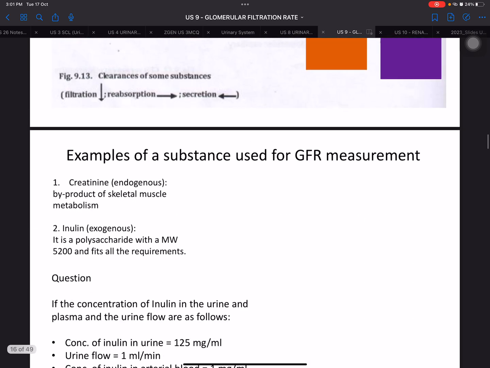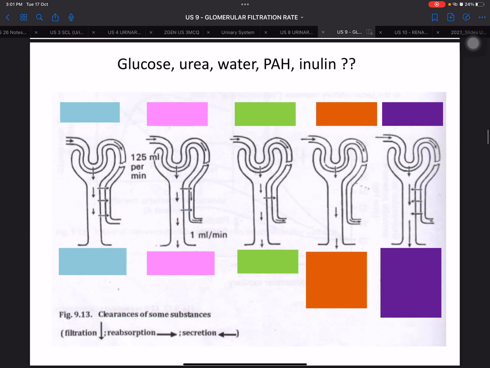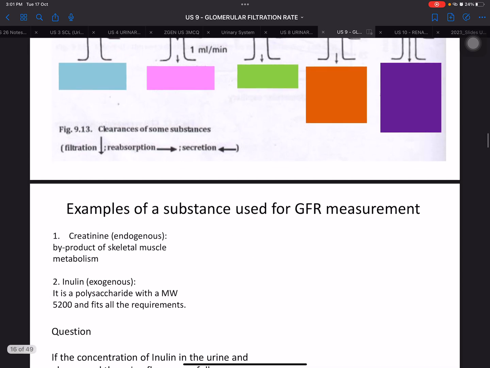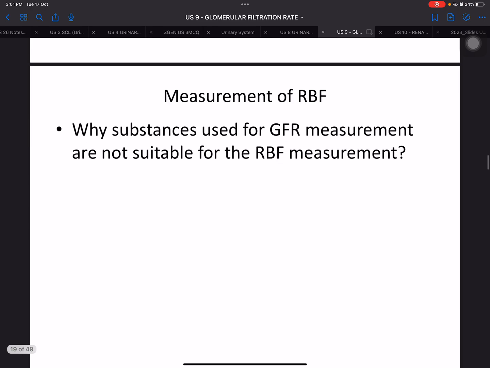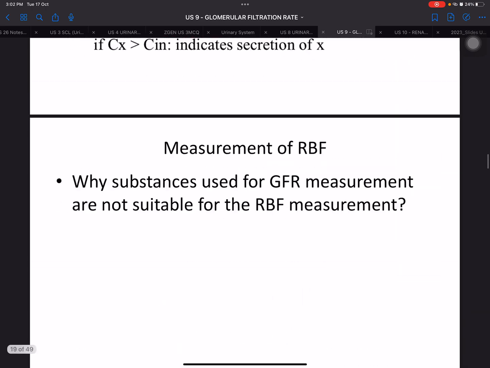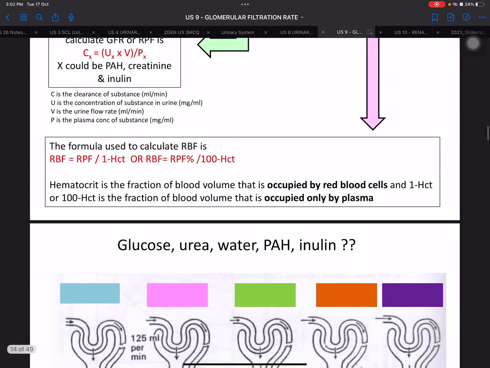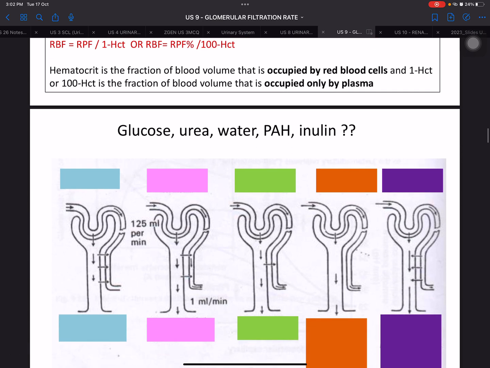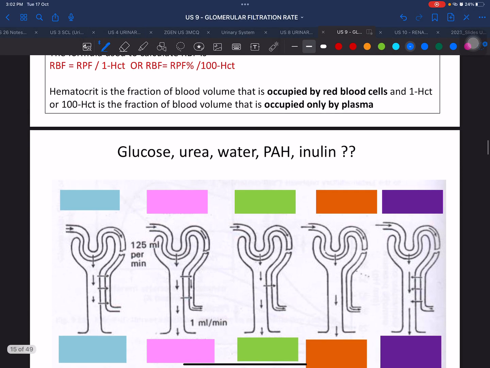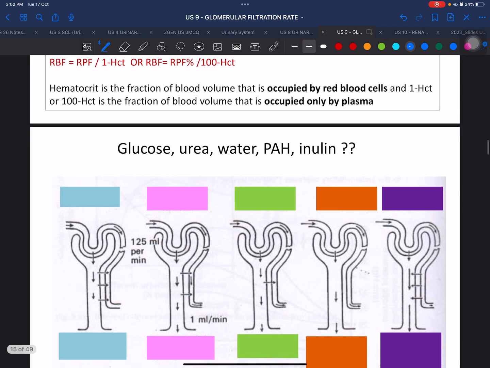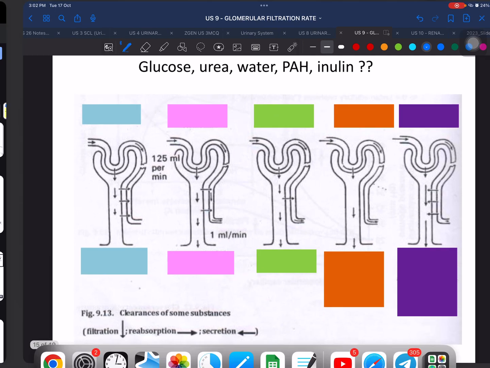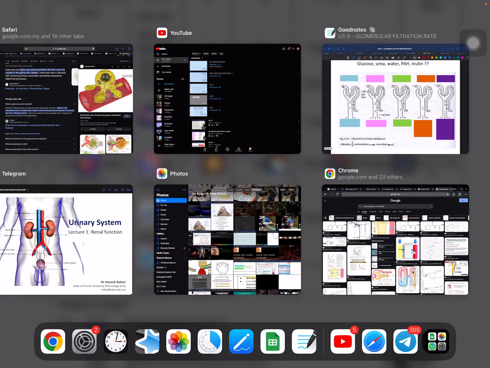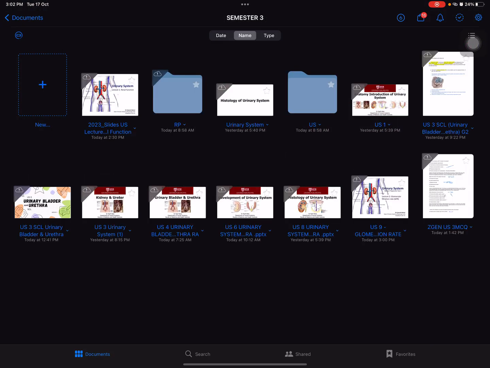Alright, if you look here, we have glucose, water, urea, inulin, and PAH. How do we go through this diagram? For glucose, they pass through the afferent arteriole and go to the filter, the glomerular capillaries, and are filtered. You see it is filtered but not excreted here; it is reabsorbed. They go back to the capillaries.